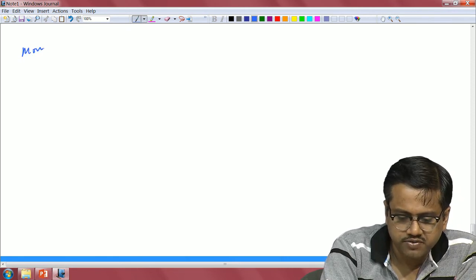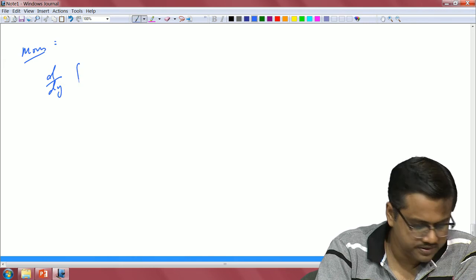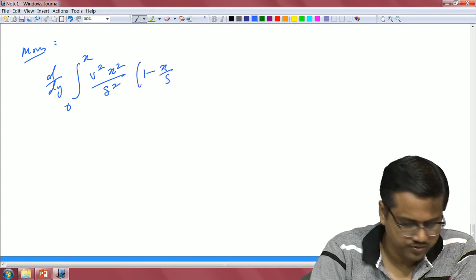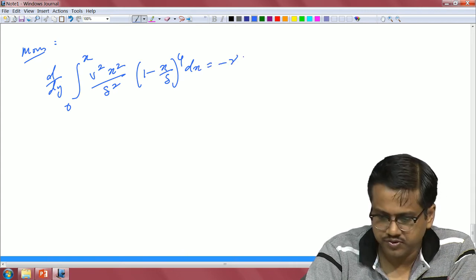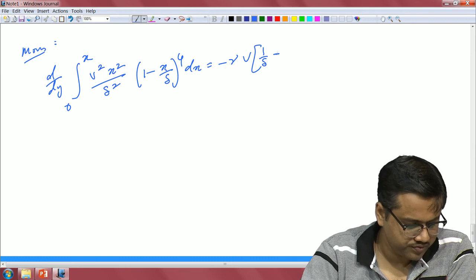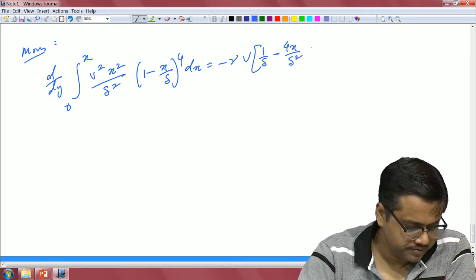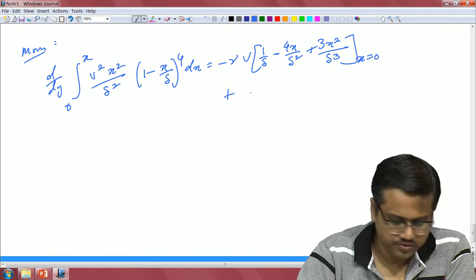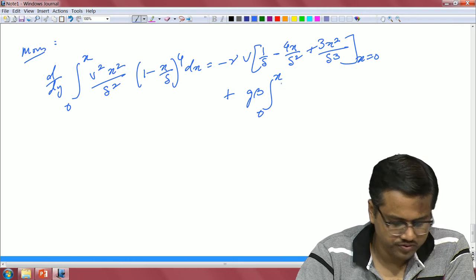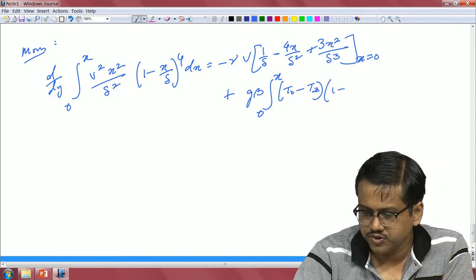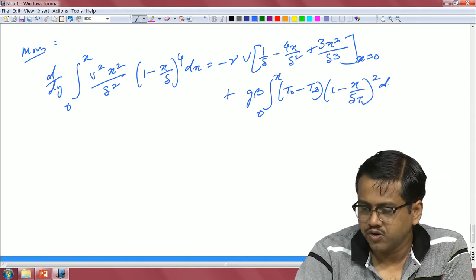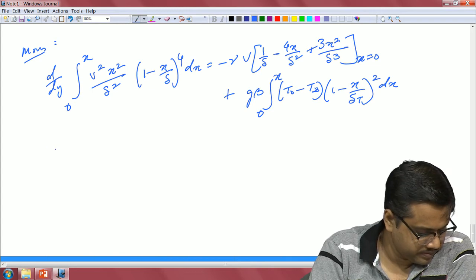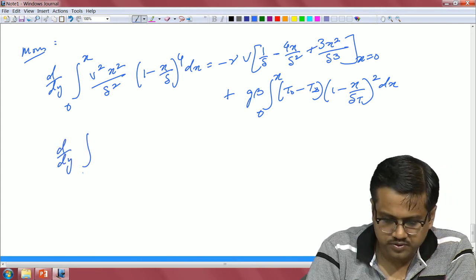So, the momentum equation, let me just write it quickly, d by dy, and this can be even shortened a little bit.